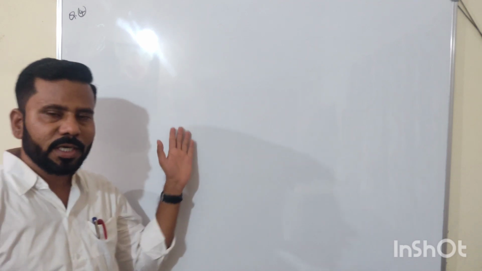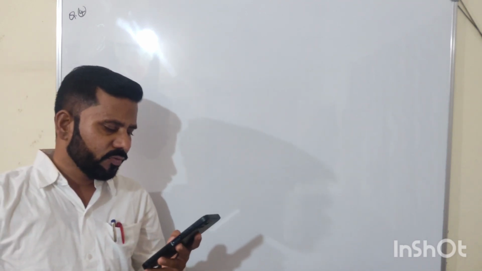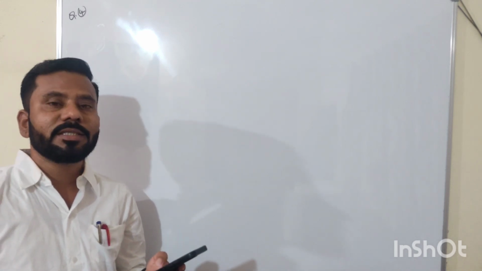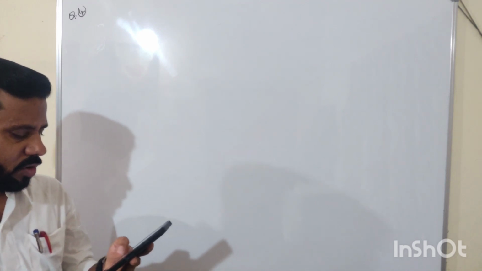In that way we concluded and commented. This problem is very simple and easy, because it is based on Jensen's ratio, not on Treynor's and Sharpe ratio.